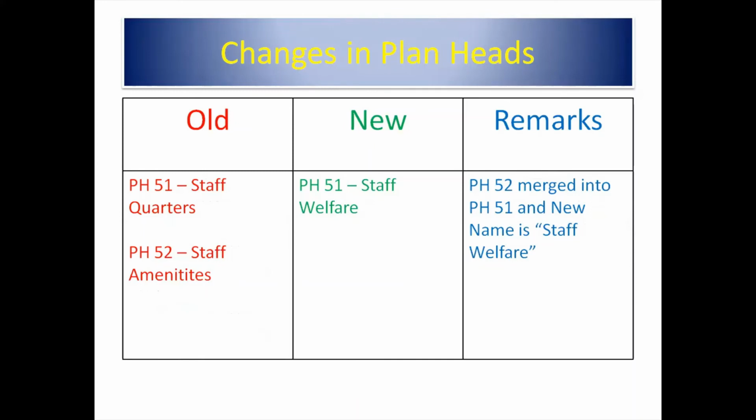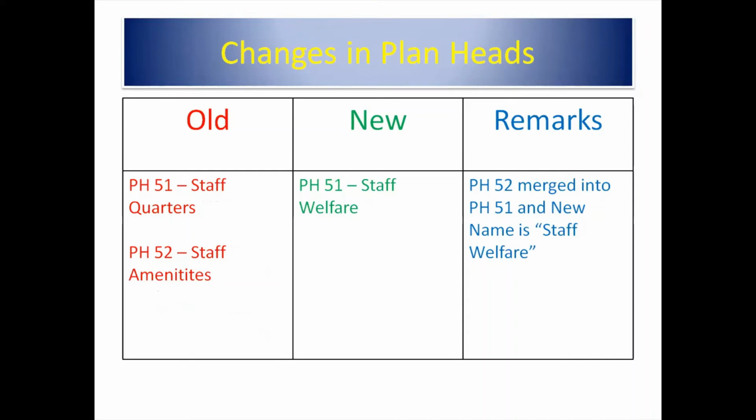And this is very important. Staff quarters and staff amenities, two plan heads were there. Staff quarters means construction of new quarters. Staff amenities means construction of hospitals, railway institutes, clubs, schools, colleges. This is 52. Now these two are merged and called staff welfare.